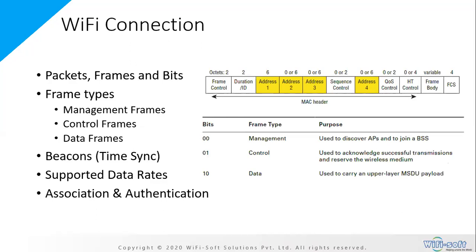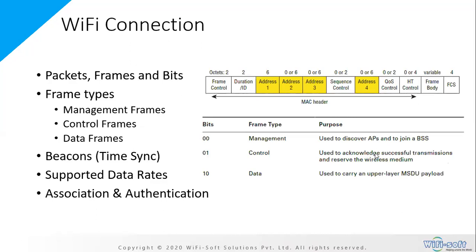The management frame is used to discover the access point. When the client decides to connect to a Wi-Fi network, it uses the management frames to discover the access points and join the BSS, that means the basic service set. It wants to join that particular basic service set.